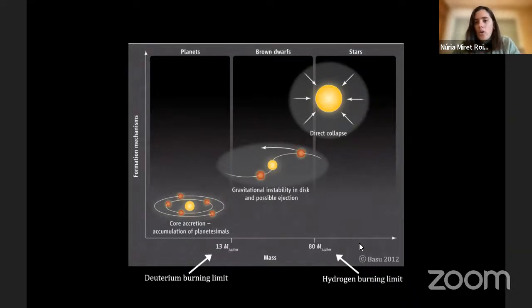Here, almost everyone agrees on how to distinguish stars from substellar objects. A star is an object that has a mass large enough, typically more than 80 times the mass of our Jupiter.